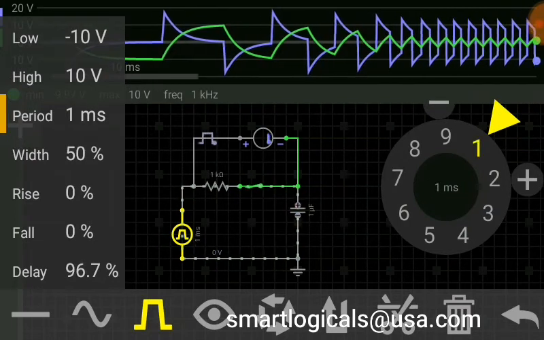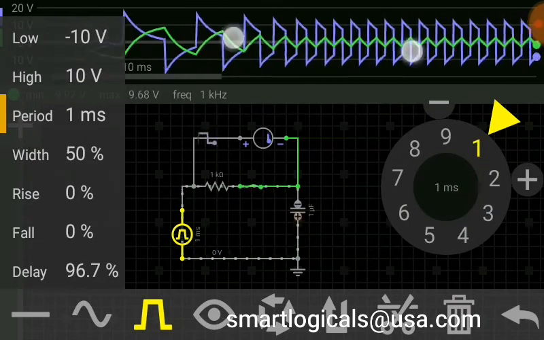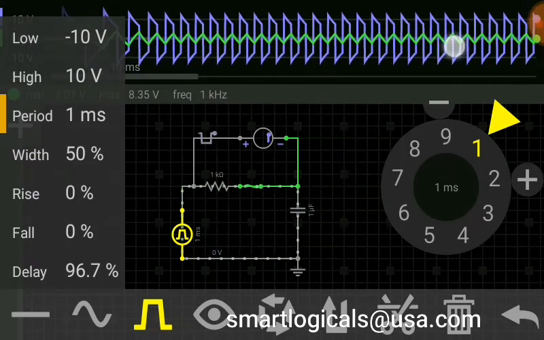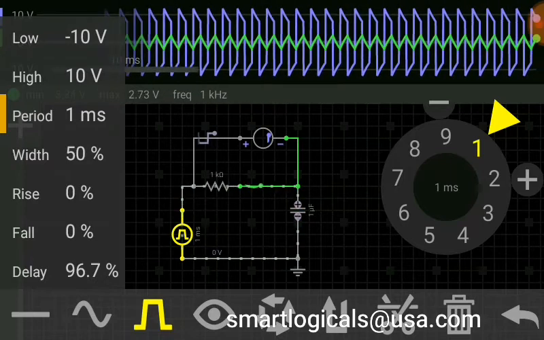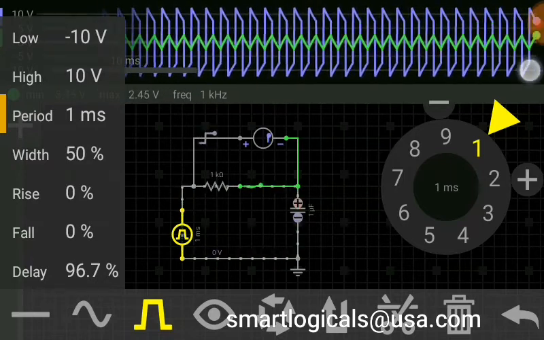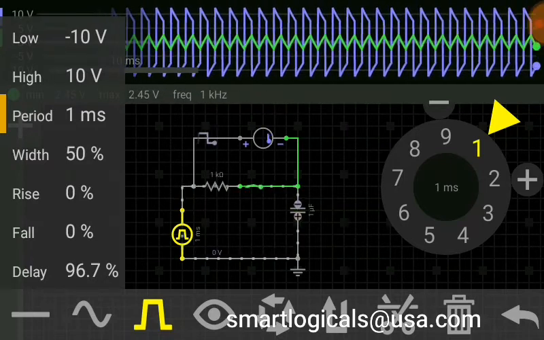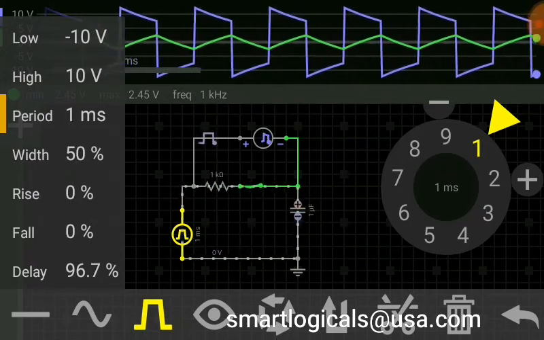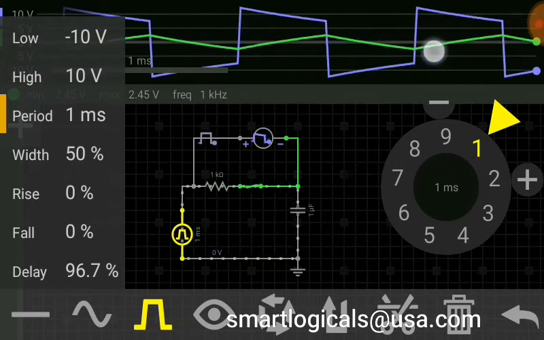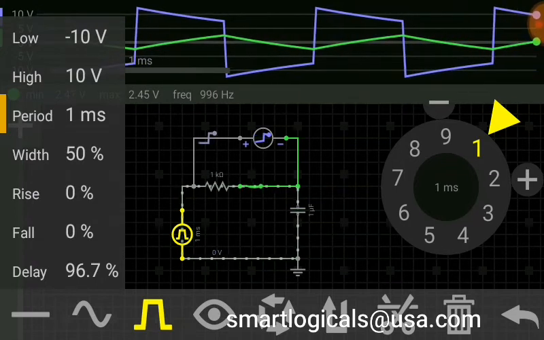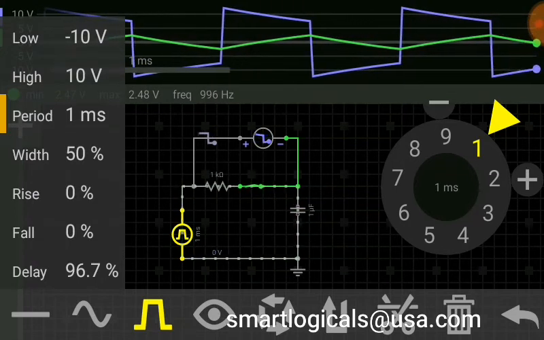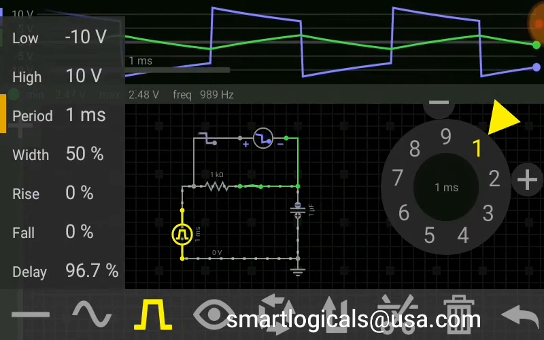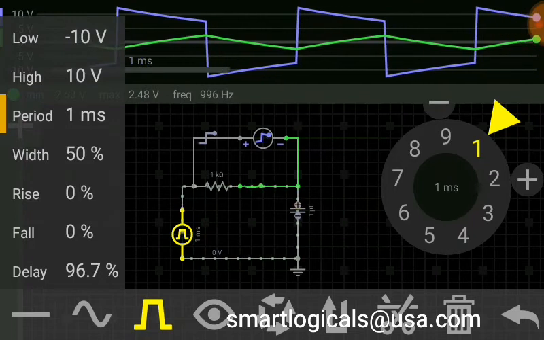Then observe the output of the integrator in green and the differentiator in blue. A small curvature in green and a small tilt in blue.